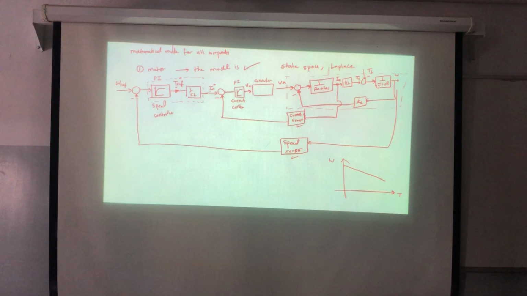The PI control, I know it. So the missing one is the converter. Next time I will start with you how to model the converter, and how to find the mathematical model also for the current sensor and the speed sensor. Okay? Do you have any question? Next time I will give you a quiz.